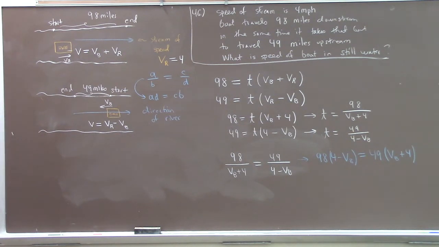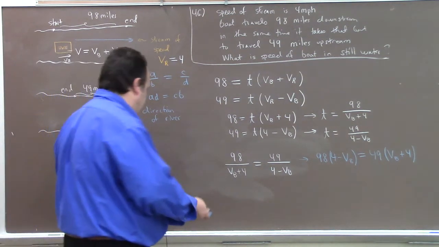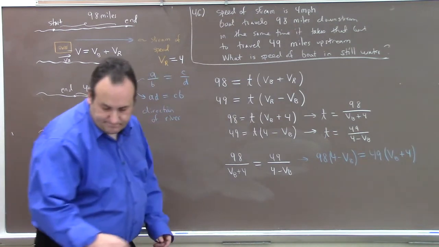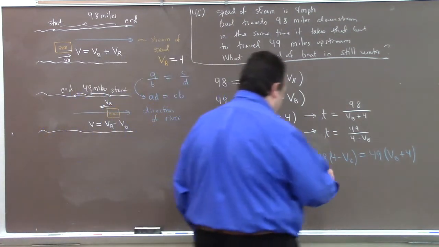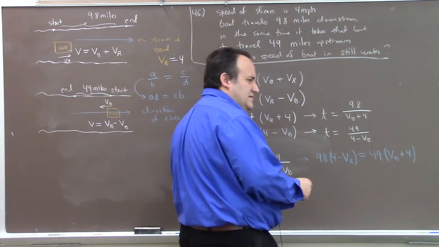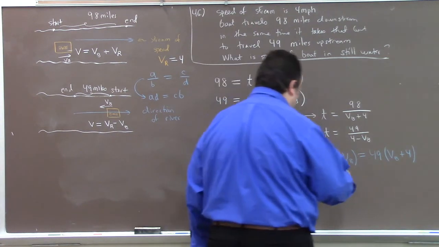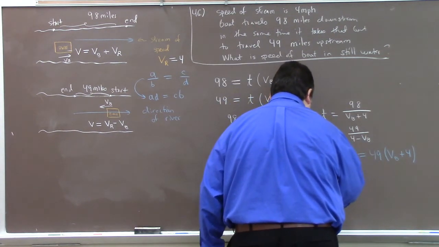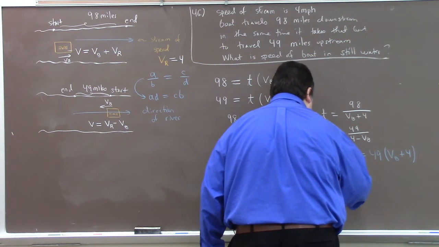Now I've got one equation in VB. So multiply it out, what happens? 4 times 98, 392, is that right? You can check me on that. Do you guys get 392?